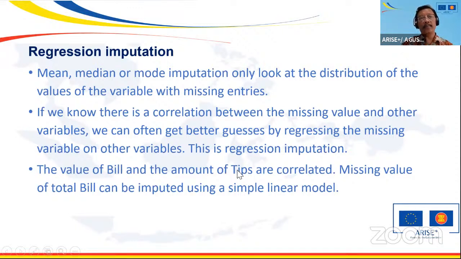So if we have a missing value of the bill, we can use the tips, yeah, to build the regression model and estimate the bill. This kind of close relation is in place. Maybe the estimate is still acceptable, yeah. Okay.